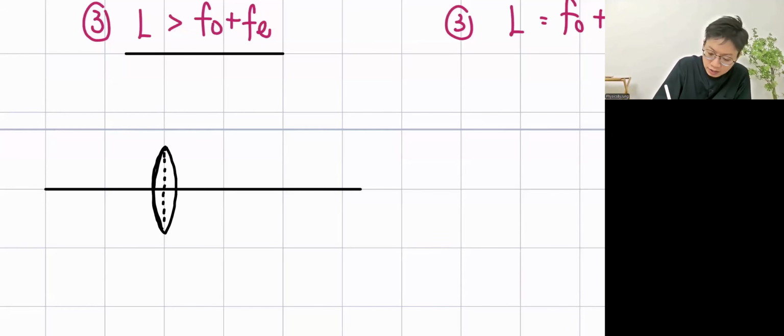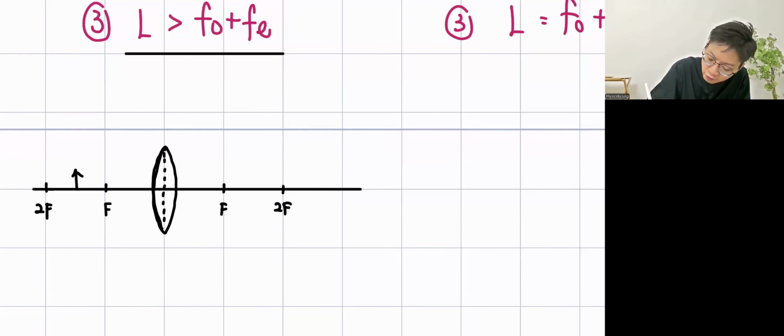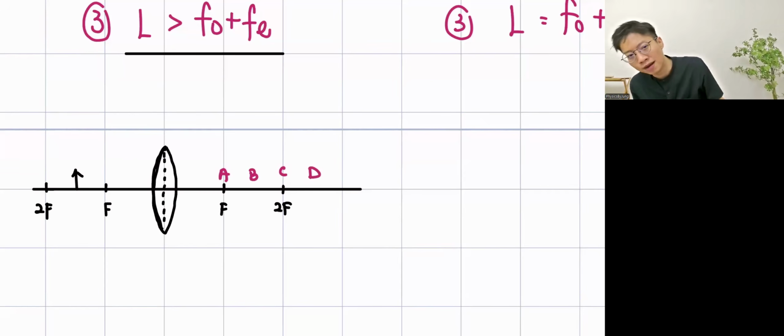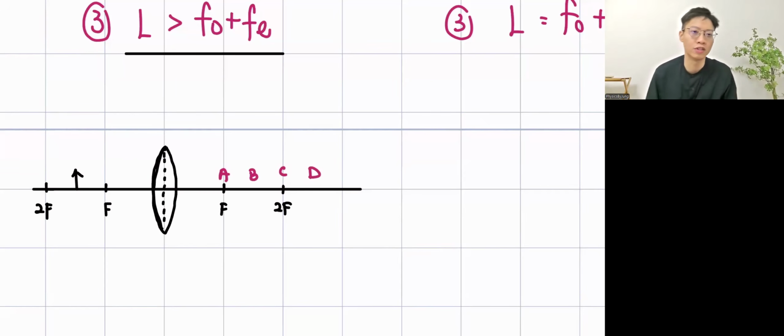Now, if this is F, and this is 2F, if my object is here, where will my image be formed? Will it be formed at A, B, C, or D?